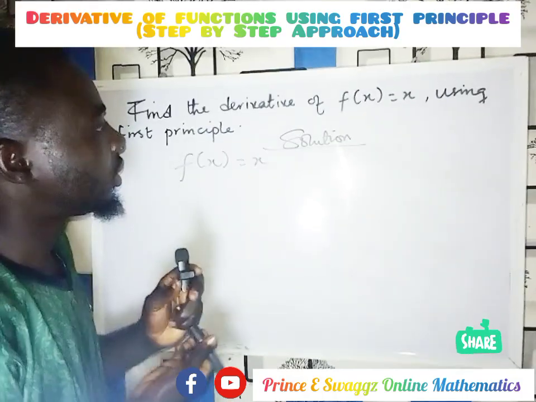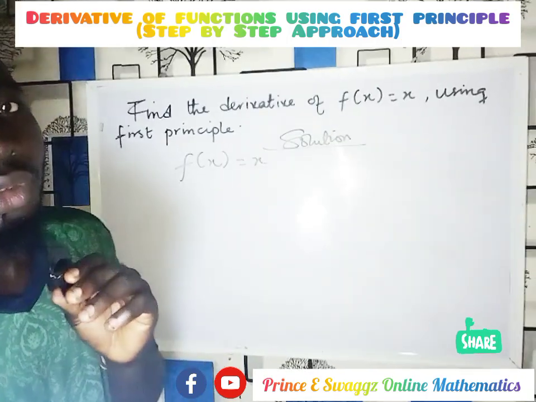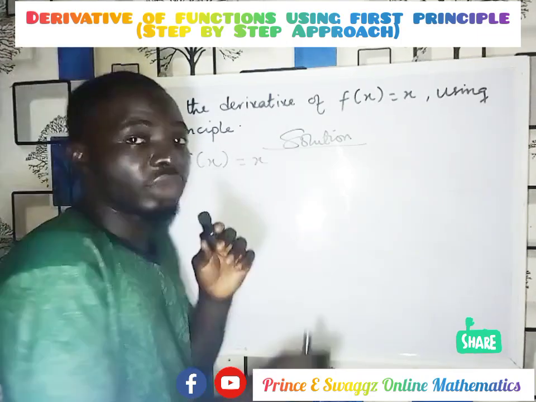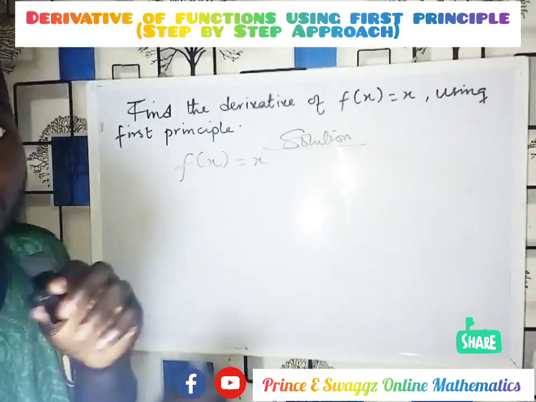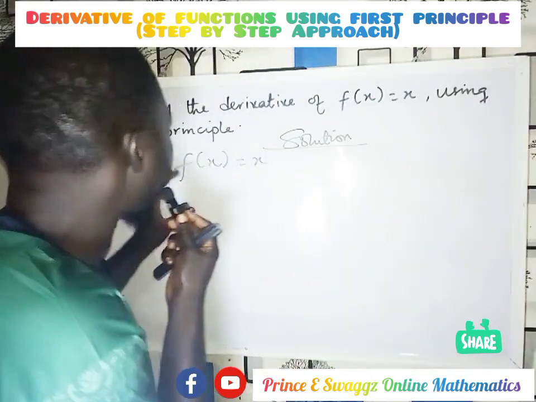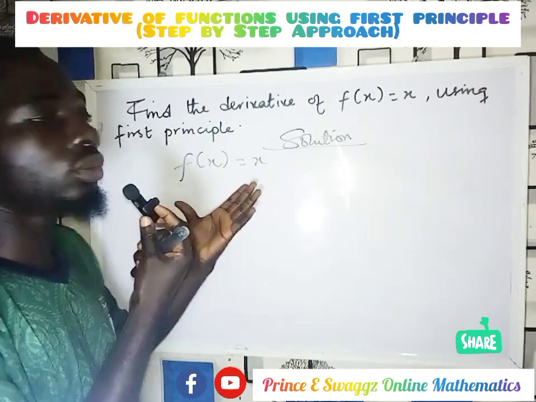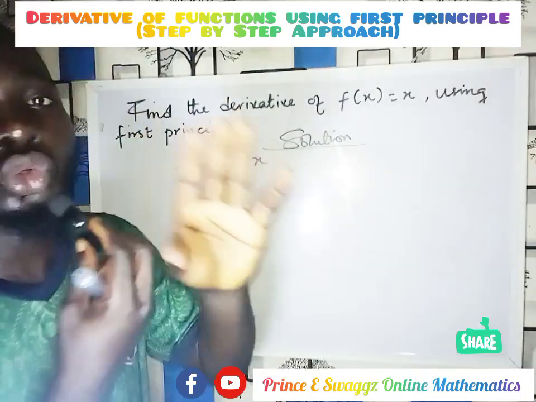We have f of x equals x. Now, to find the derivative using first principle, the first thing you need to do is to add a change in the variable. And the variable you are dealing with here is only x.